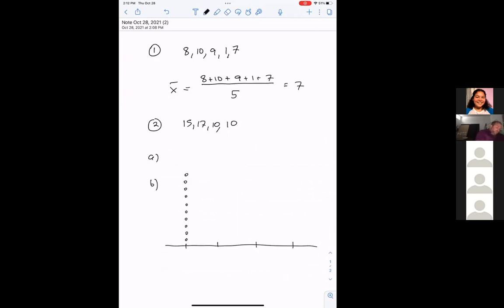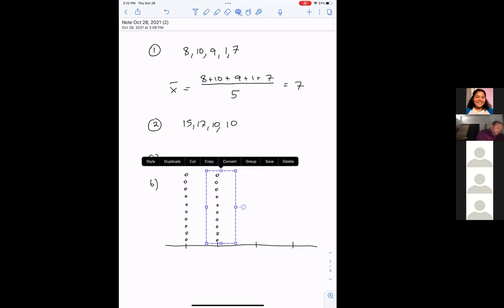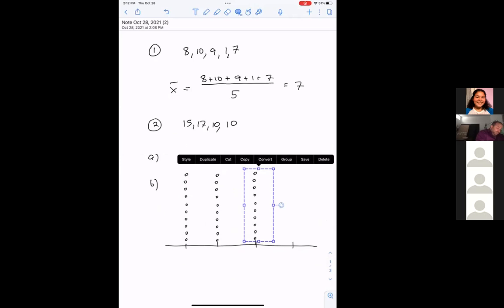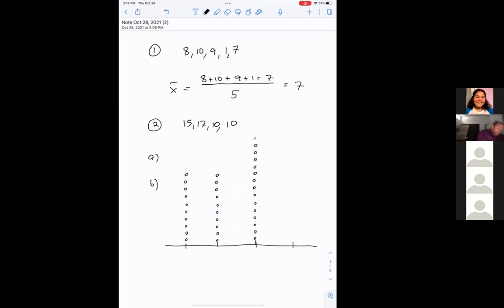But 1, 2, 3, 4, 5, 6, 7, 8, 9, 10. Let's go ahead and make another one that's 10. So duplicate it. That's another 10. And then let's duplicate that again. And that's 10, but we want 5 more.